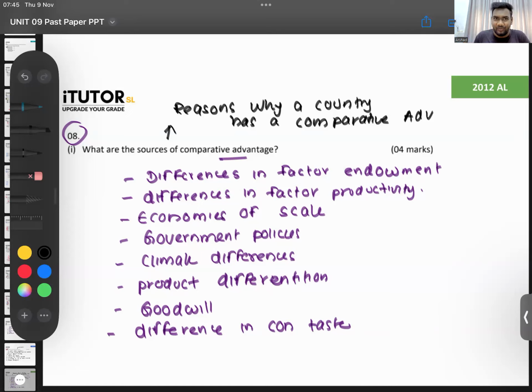I have past papers from 1998, and when I go through them, same thing, no change. From 1998, that is 25 years ago, comparative advantage hasn't changed. So the only way they can test something new is to change the way they ask it. The final answer they can't change because the theory is the same.